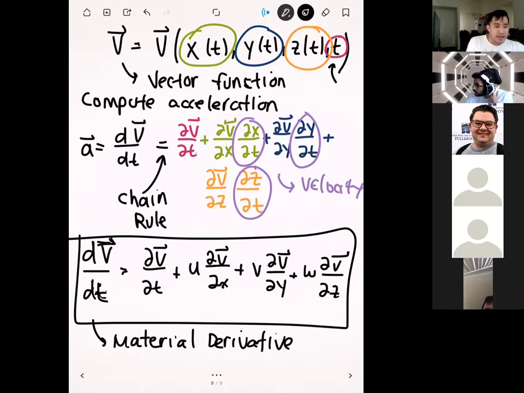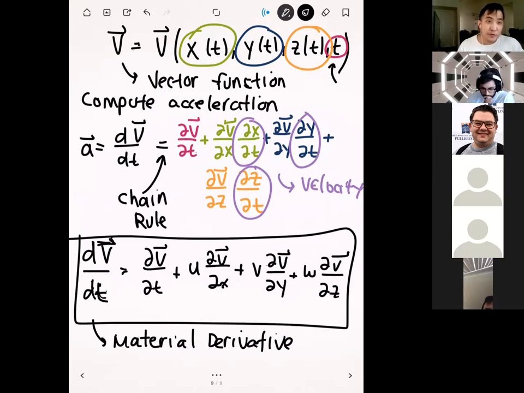So I know it looks scary because it has a lot of partial derivatives and a lot of terms that we don't know. But just rest assured that we're never actually going to compute this. It's more just a mathematical tool for us to understand how things change in a fluid. And so what we're going to do next is take each of the mathematical terms here and describe to you what they represent. And that's going to be the extent of what you need to know. It's just for conceptual understanding of how things vary in a fluid.